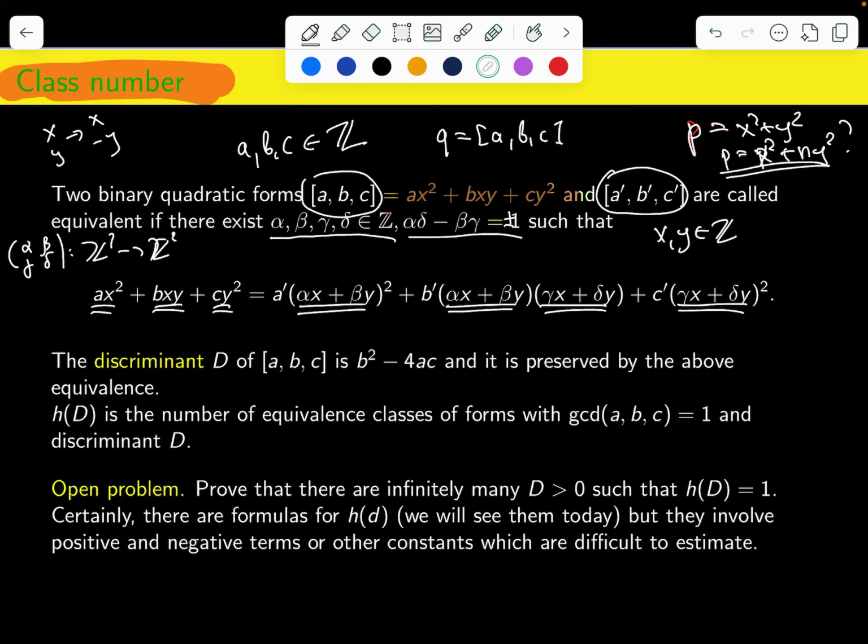Right? So for some forms, for example, for the sum of two squares, it's the same. But if you have here b which is not 0, then (A, B, C) goes to (A, minus B, C), right? So that's improper equivalence, and we don't consider it. It's not as good as proper. Okay, so we stick to determinant +1.